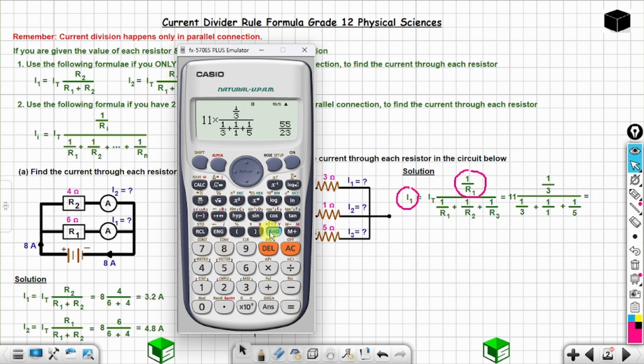So you have 2.4, to one decimal place, 2.4 amperes is the current.